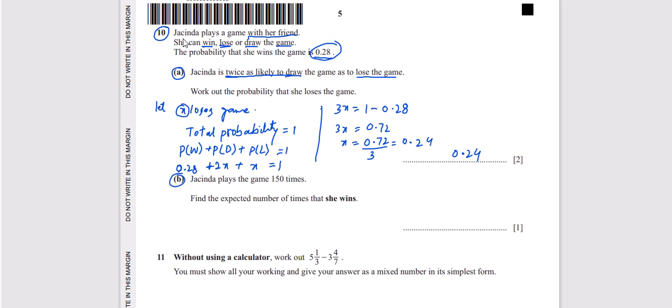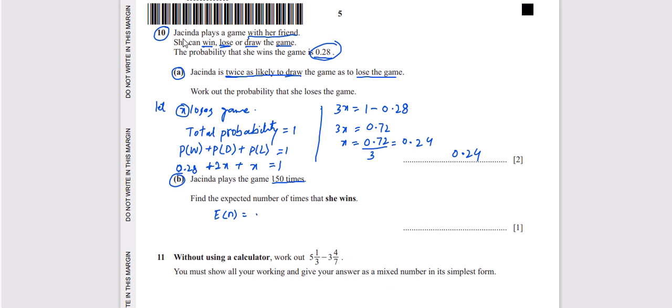Part B. Jacinda plays the game 150 times. Times means n. Find the expected number of wins. So the expected number is equal to the number of games multiplied by the probability of a win.